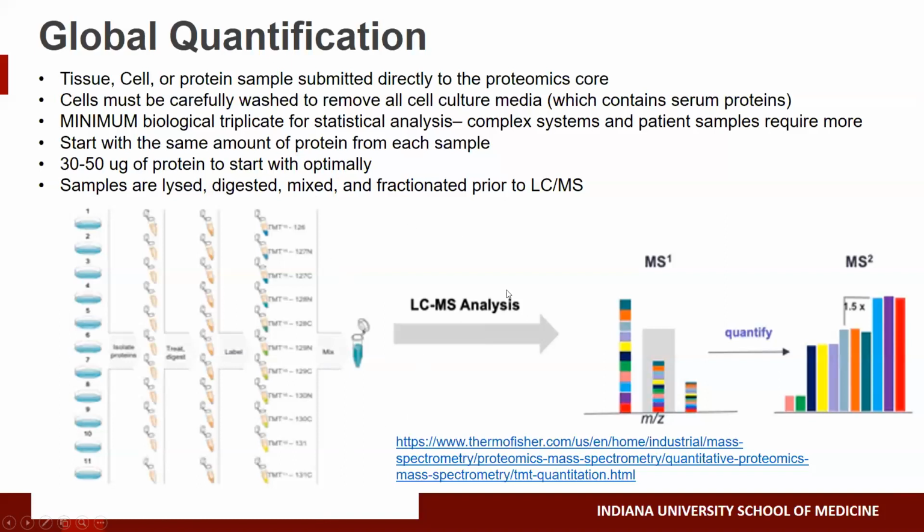Then when it's mixed together, the peptides are still barcoded, but in the LC-MS analysis, the barcode is the same intact molecular weight for each peptide sample in the MS1 precursor scan. But when it's fragmented to MS2, we use these reporter ions to look at the differential abundance of a specific peptide in each sample.